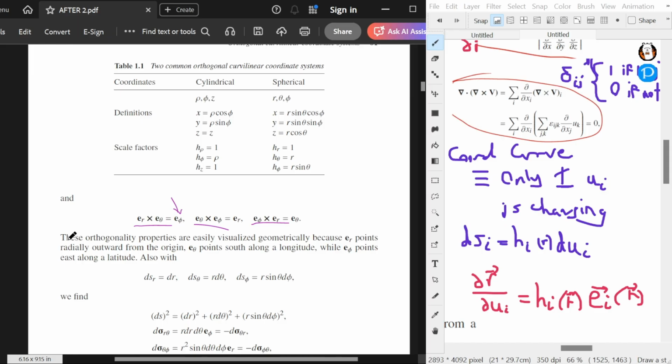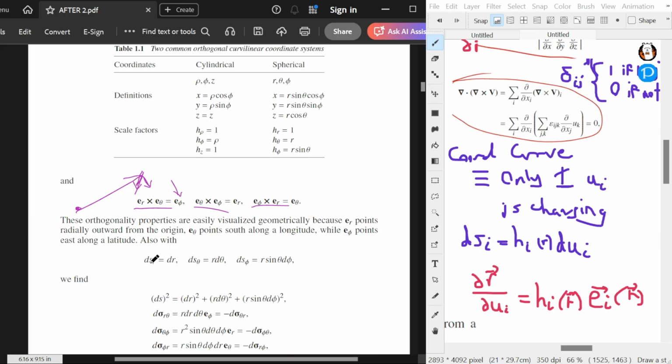These orthogonality properties are easily visualized geometrically because er points radially outward from the origin. Etheta points south along a longitude, while ephi points east along a latitude.